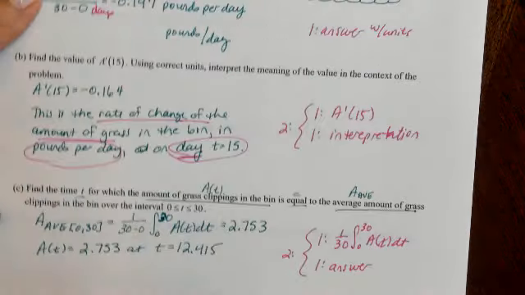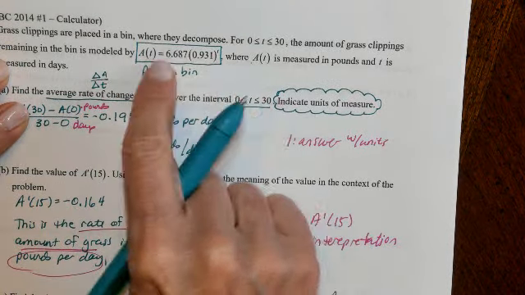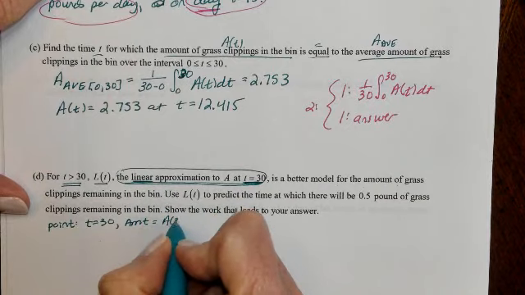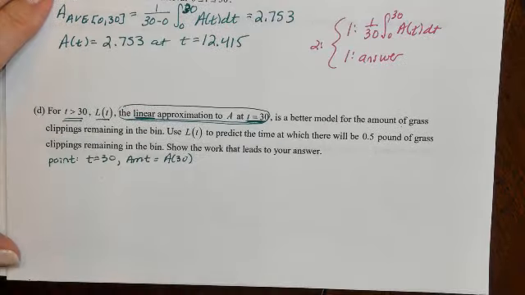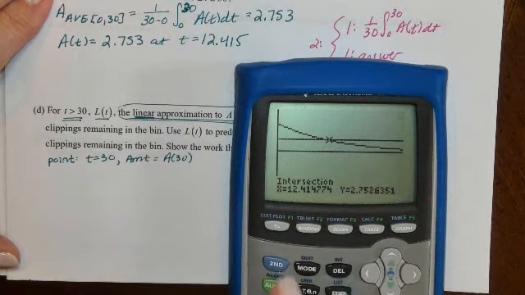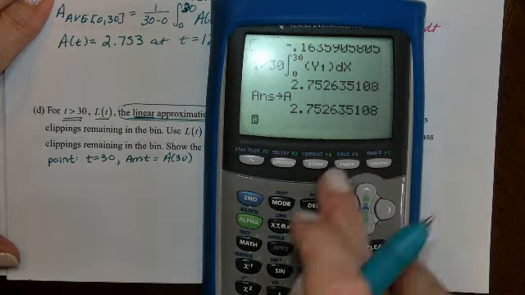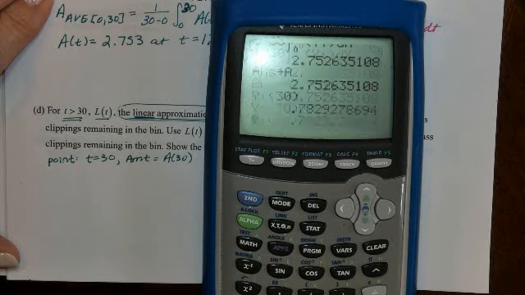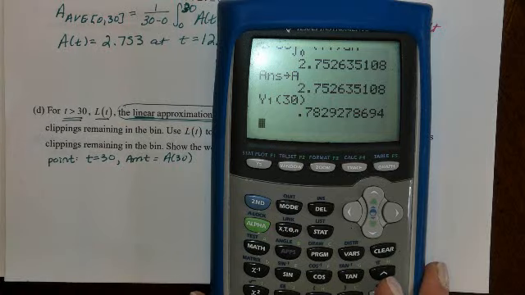We can find that at time 30, the amount was this because that was still valid for time 30. So the amount is A of 30. We can get a value for that. If you want to find out that number, it's just Y1 at 30. So that's the amount of grass at time 30.